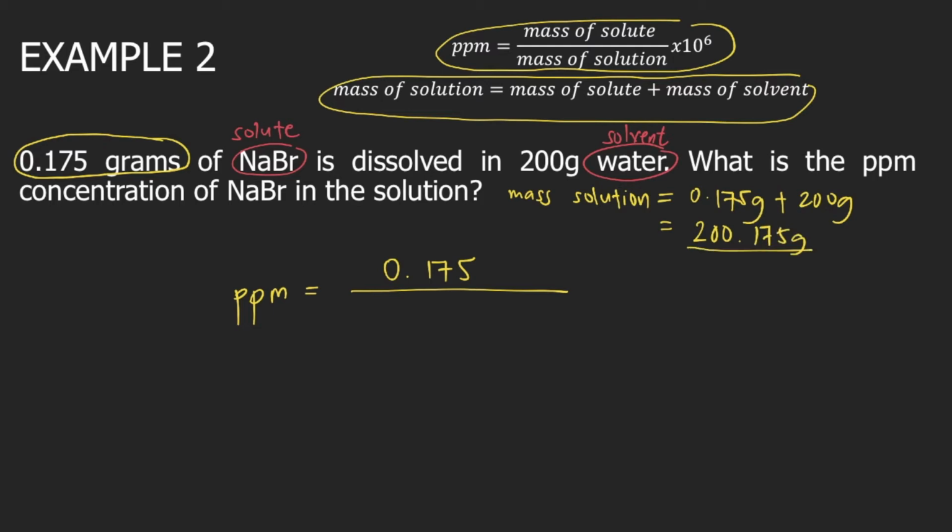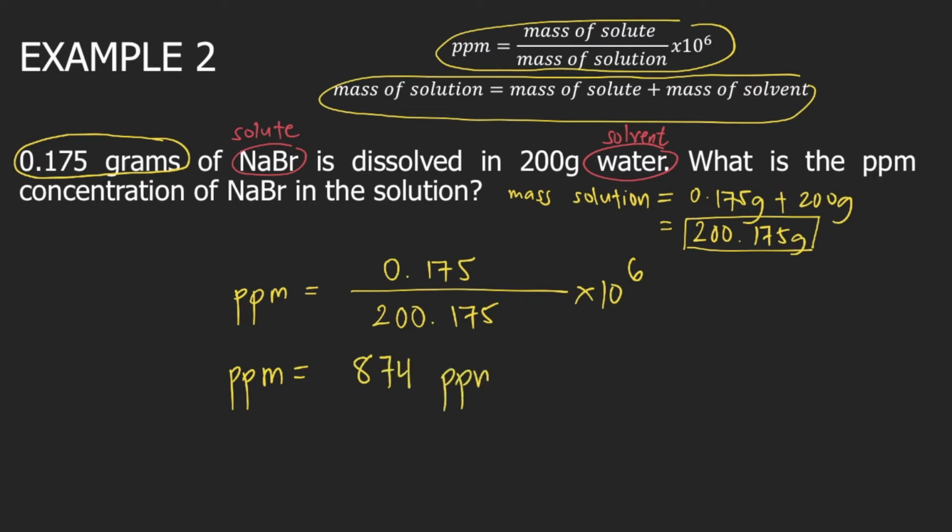So this is the mass of the solution. 200.175 times 10 raised to 6. And if you solve this in your calculator, 0.175 divided by 200.175 times 10 raised to 6, this is 874 ppm. And this is the answer to the question.